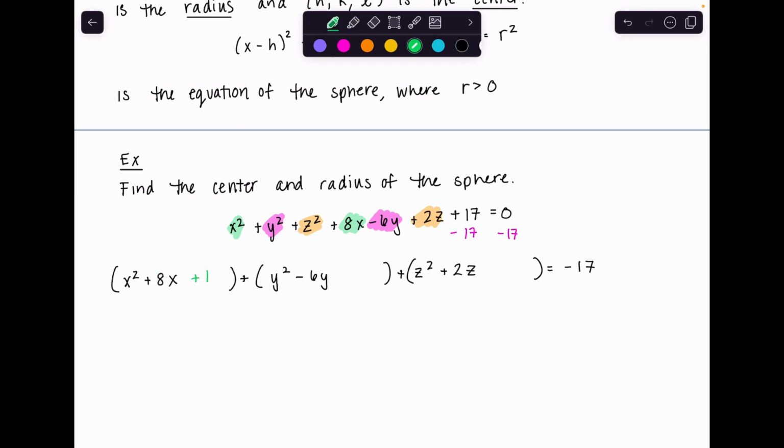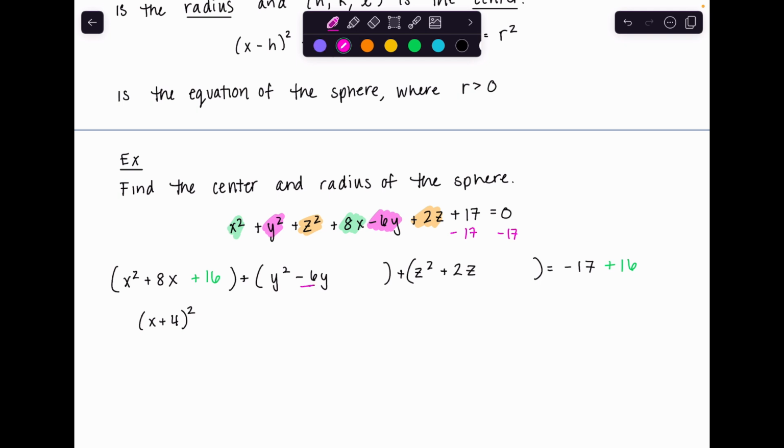So what I need to add here is really 16, because that makes this x plus 4 times x plus 4. When you FOIL that out, it gives you everything. So this makes it x plus 4 squared. But if I'm adding 16 on this side, I've got to do the same thing on the right to balance this out.